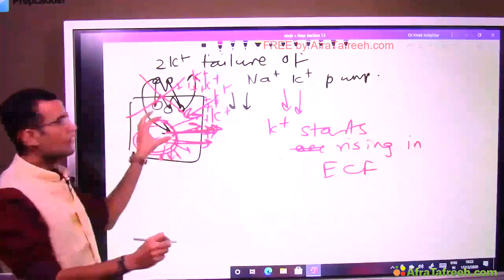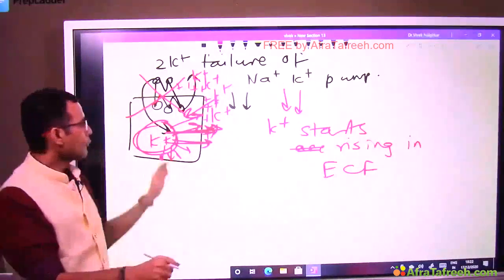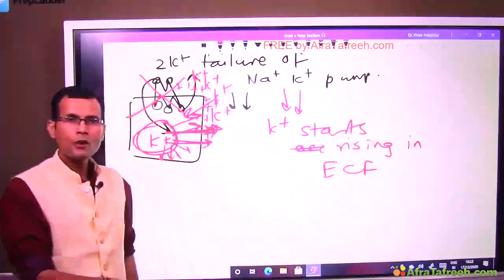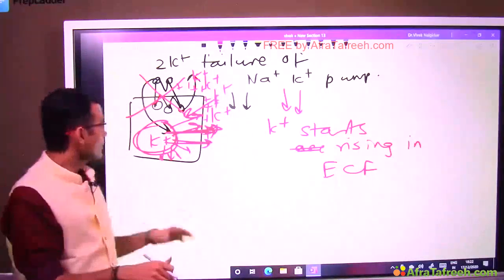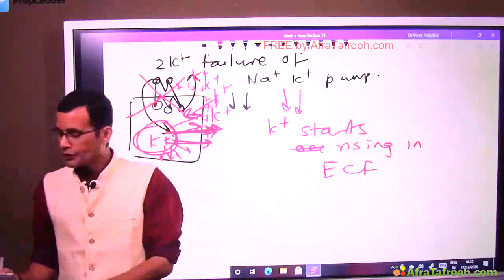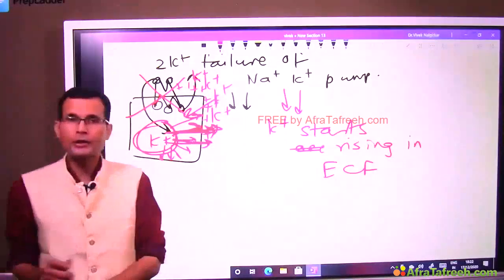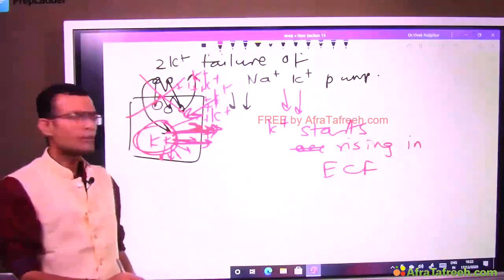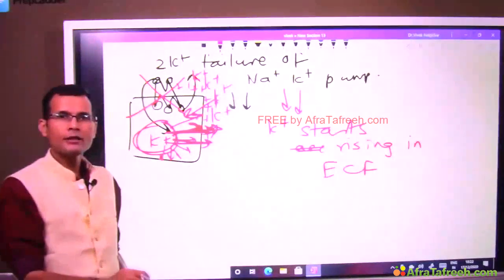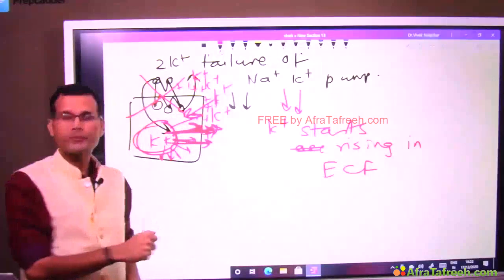Okay, the potassium which is at the core of the cell, it was supposed to go out of the cell and cause repolarization. That will not happen. From the core, it will just come near the membrane but won't go out, because there is an opposing force which is pushing the potassium back into the cell. That opposing force is electrical gradient.